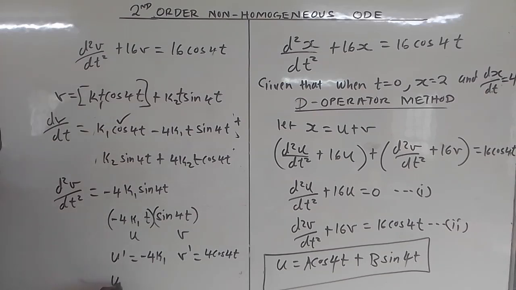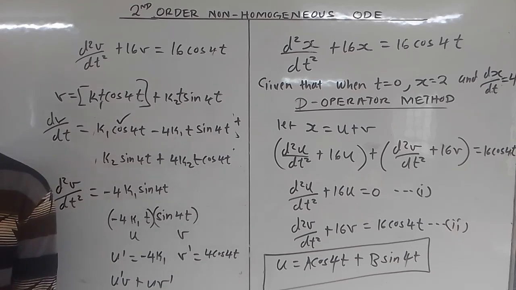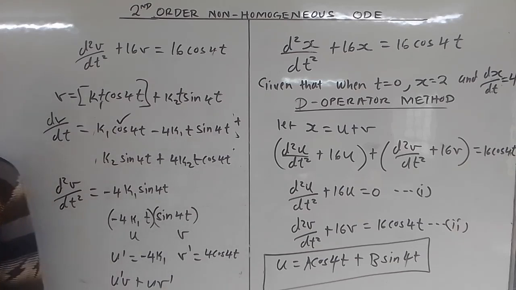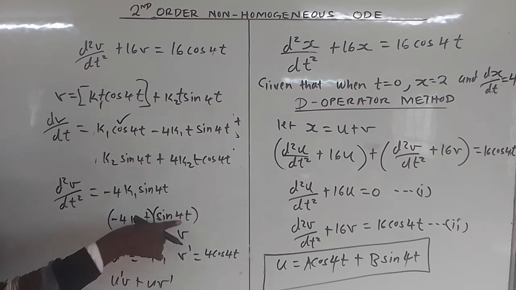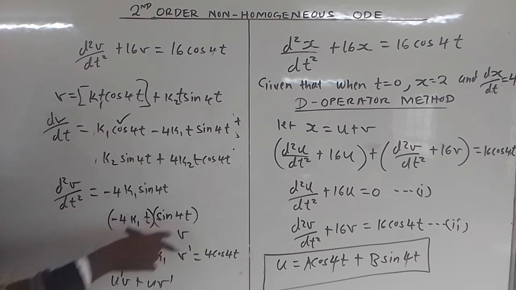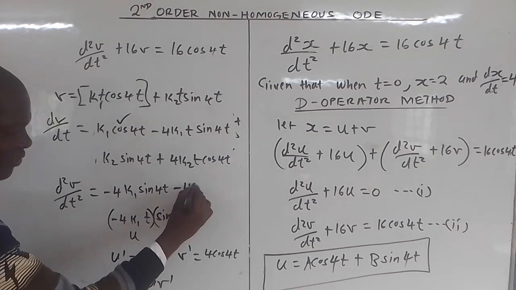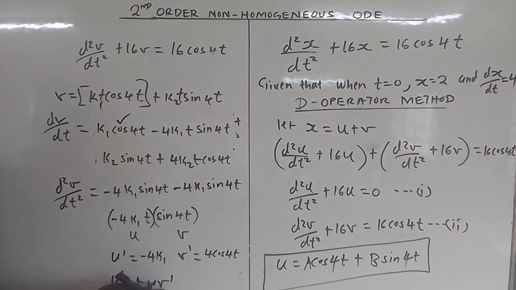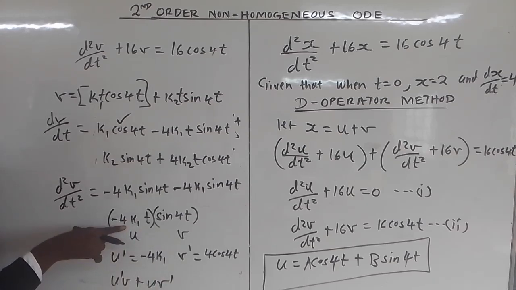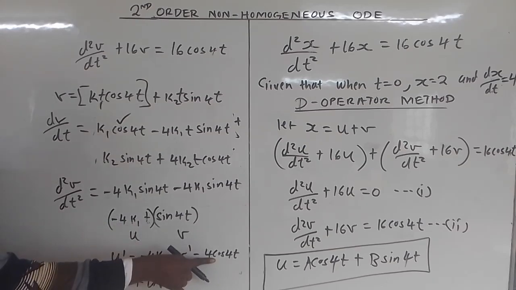Then product rule, if you have uv plus uv, if this is u prime, the other one is v prime, isn't it? Are we together? So u prime times v, negative 4 k1 times sine 4t, what do you get? Negative 4 k1 sine 4t. Then it is plus u times v prime. U is negative 4 k1t times v prime, which is 4 cos 4t, isn't it?